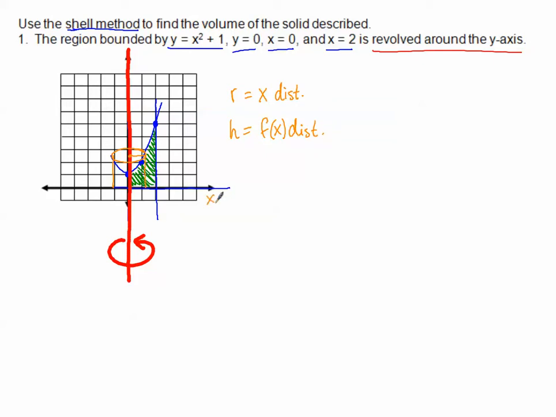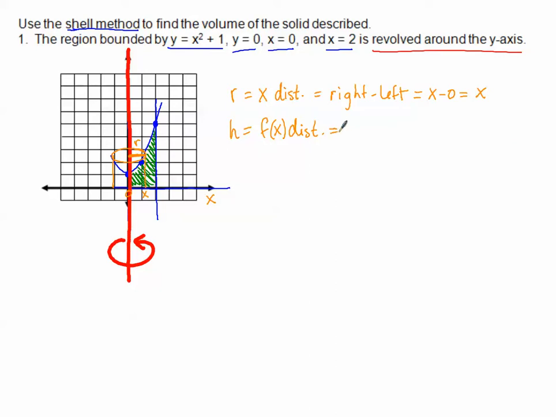So the x distance, x goes right and left. Here's my radius right here. I'm going to write r there, my radius. So I have to think right minus left. On the right is whatever x coordinate I'm at. On the left is 0. So for this one, x minus 0, or just x units away from that axis.